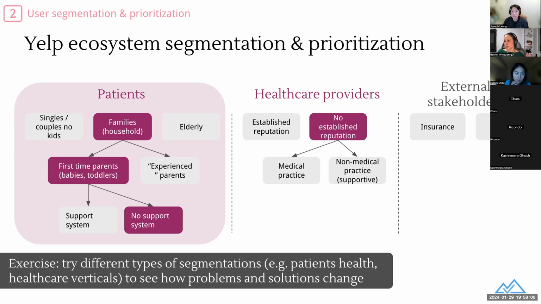So for me, if I'm doing RICE for the first layer, reach is the size of your audience, right? I have more patients than healthcare providers. Impact and confidence and effort are where it gets a bit tricky. The impact is, if I am able to provide a good experience for the patients, then I think it will drive bigger impact for the platform.